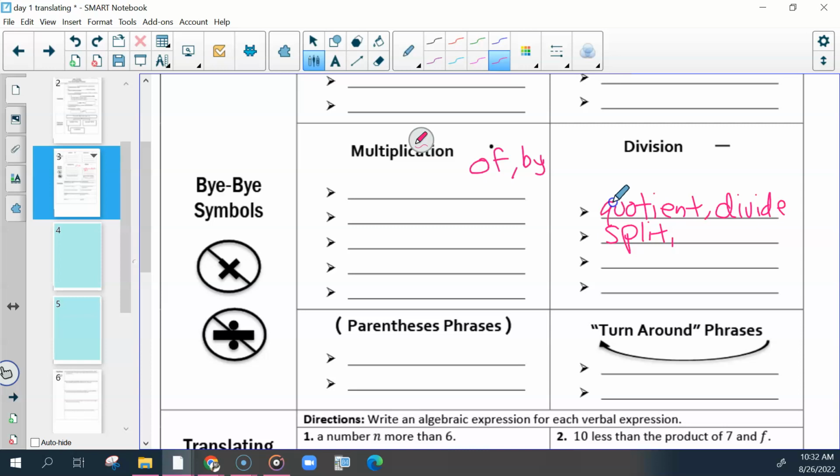Any others to distribute? Maybe not in this case because that's usually multiplication, so if you want to add it here. But if you want to think of like the opposite of distribute or maybe undistribute something, undistribute would probably work better. Any other words that come to mind?